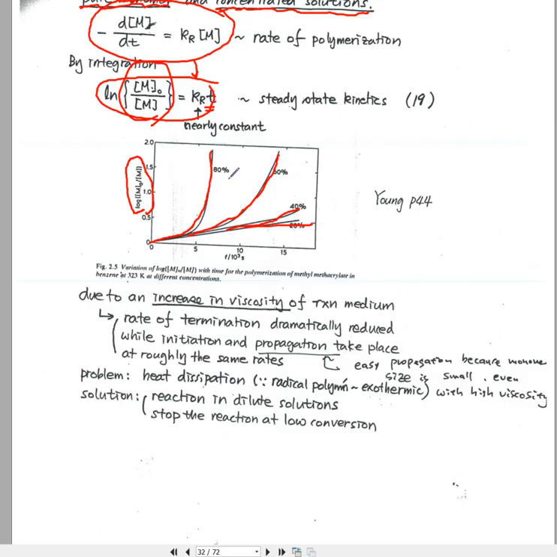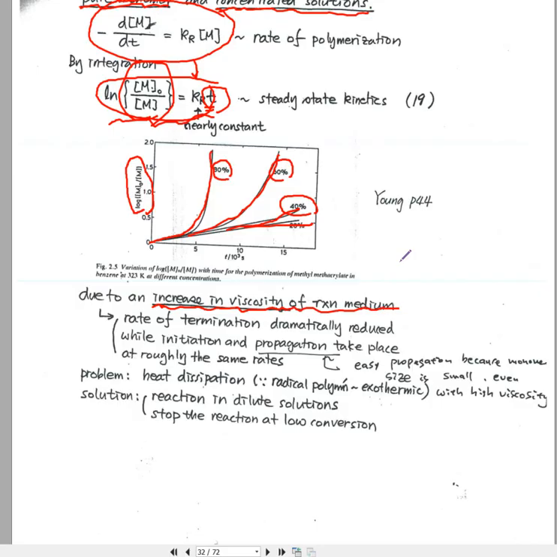This is especially so when the concentration of monomer in the reactants is really high, 80%, 60%, or even 40%. It shows a huge deviation from the theoretical relation between log M0/M and reaction time. The reason is very simple: the increase in viscosity of the reaction medium. So what does this mean?